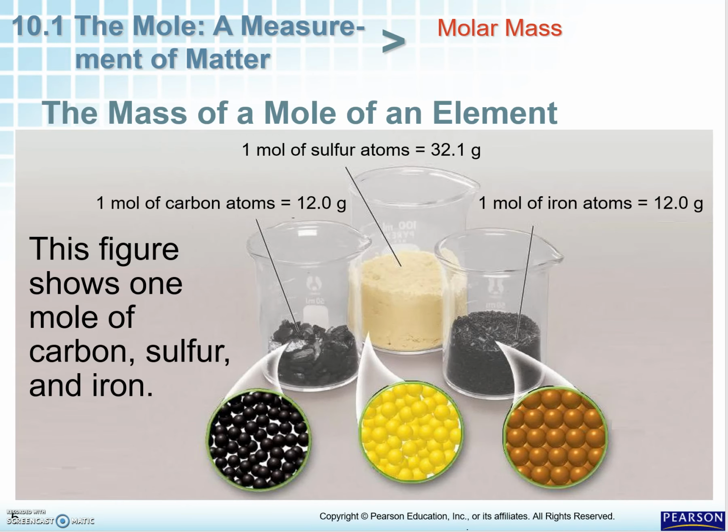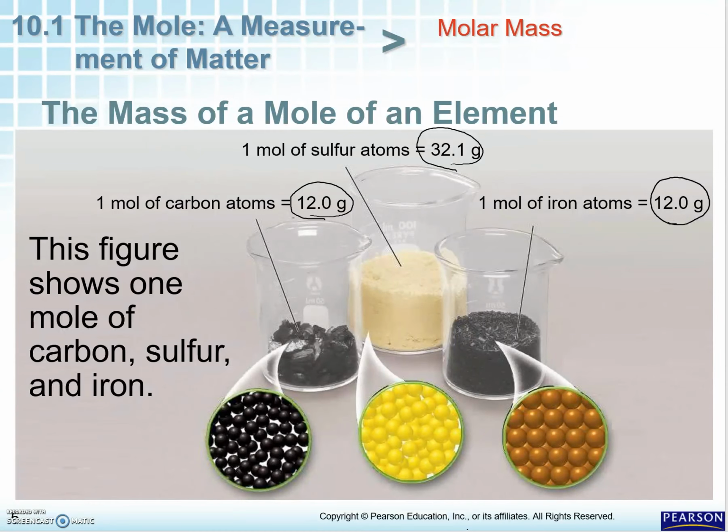So you can see a couple different types of substances here. You have carbon on the left, sulfur in the center, and you have iron on the right. There are different amounts you can see in each one, but in each one there's always 1 mole. So you can see how molar mass is going to be measuring out different amounts of that same type of unit.